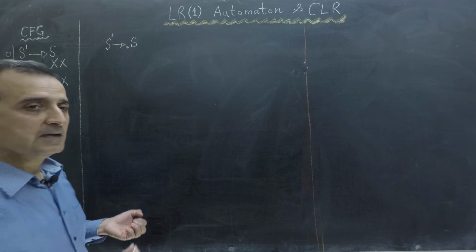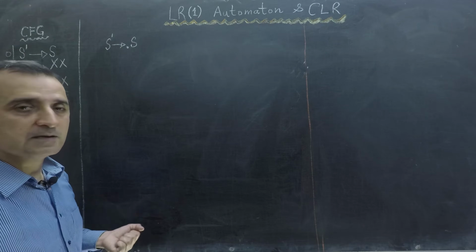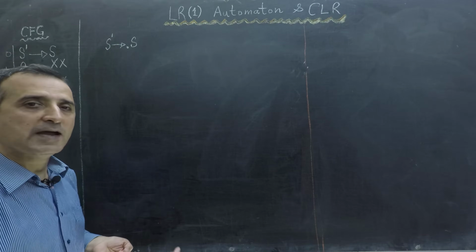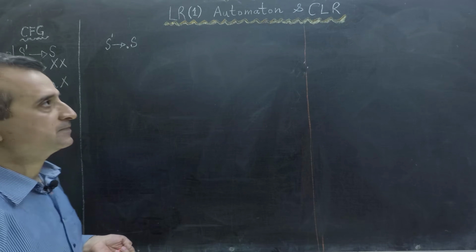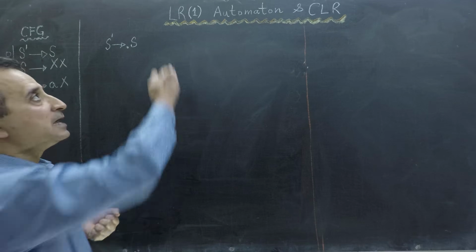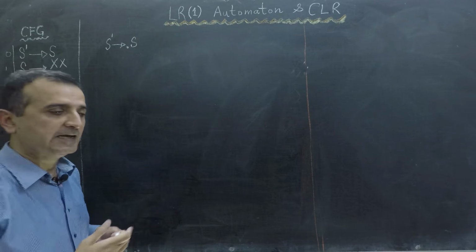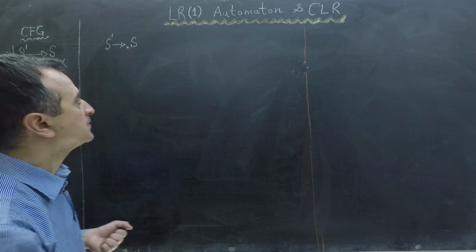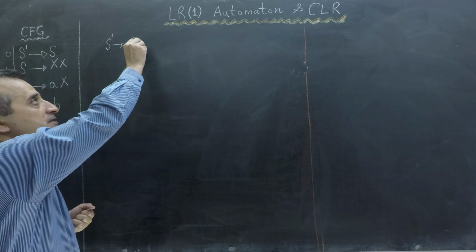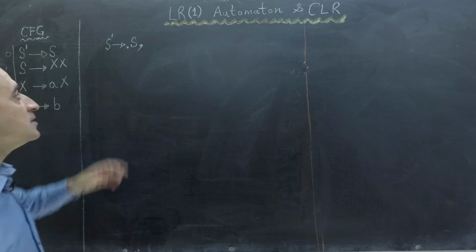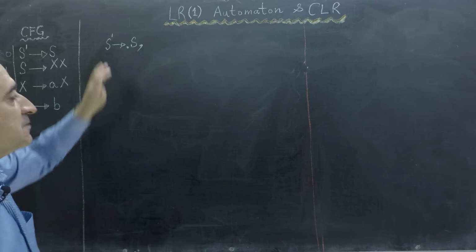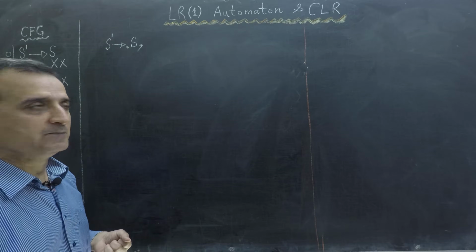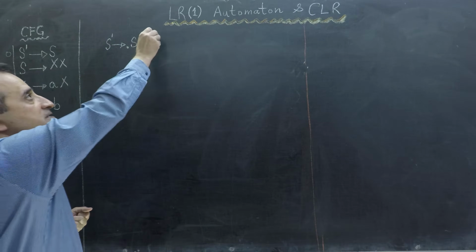In the LR1 Automaton, each production has a look ahead symbol attached with it. That's why it is called the LR1 Automaton, because it has one look ahead symbol attached with each production. The rule is that for our starting production, that means S bar goes to dot S, our look ahead symbol is always the $ sign.